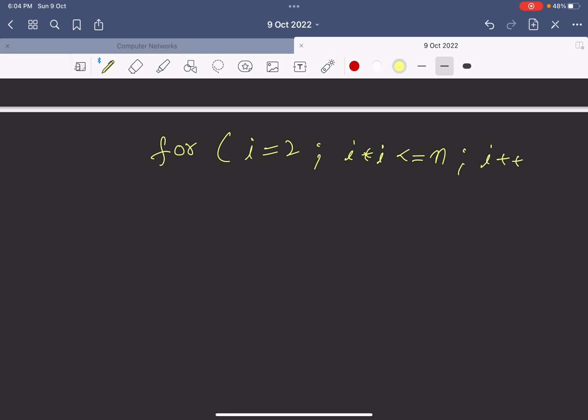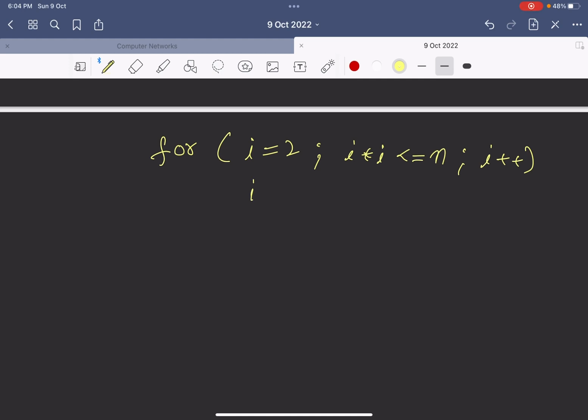So if I write the pseudocode, I can write it as: for i equal to 2. I'm not checking for 1 because I know that 1 can divide any number. So I'll go from 2 to square root of n. Instead of writing square root of n, I can write i times i is less than or equal to n. That is the same as writing i is less than or equal to root n, and i plus plus.